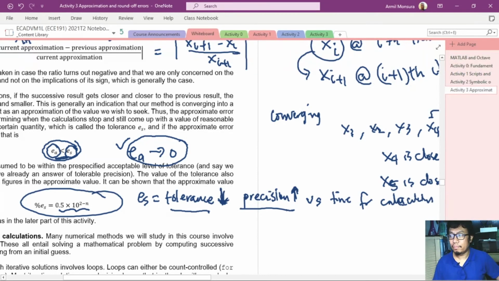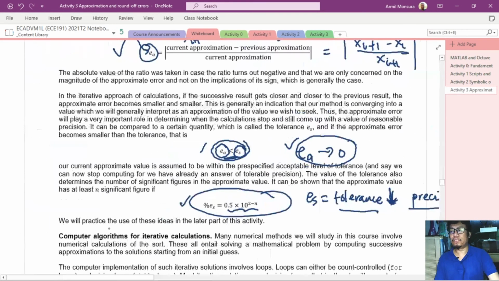Because it means the higher the precision, the longer the time for your computer to come up with an answer. So you should remember this and this. Especially these two, you will use later on in the problem set seen below, at the end of this activity.